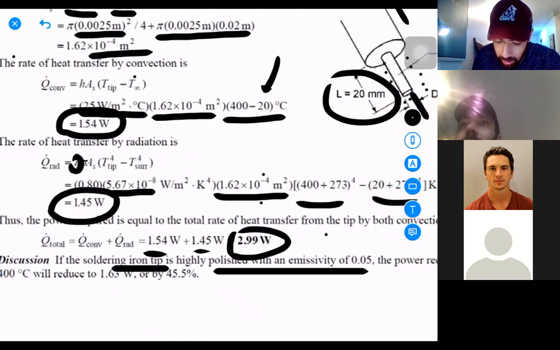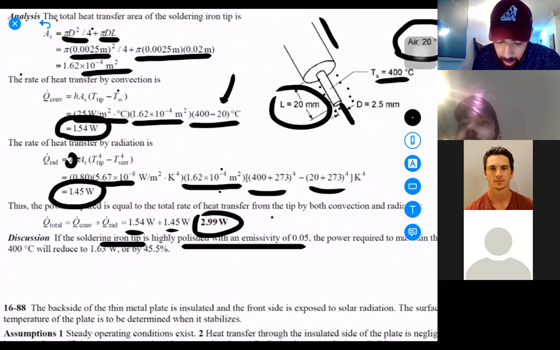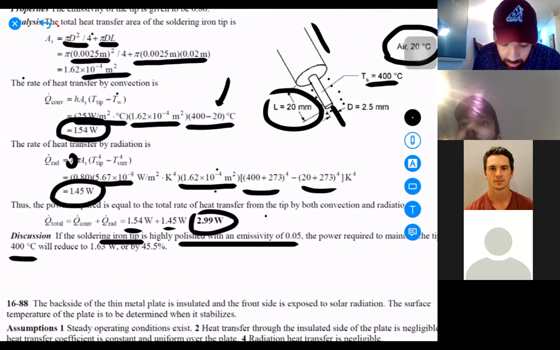Then the power required to maintain 400 degrees Celsius would reduce to 1.63. That is only a few percent over the 1.54 that is being made by convection.